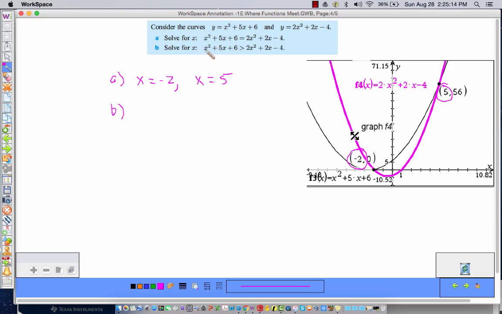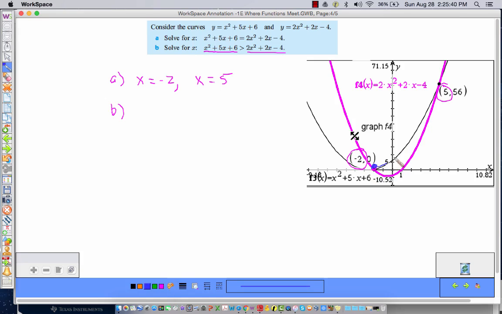B, solve for x squared plus 5x plus 6 greater than 2x squared plus 2x minus 4. So they're asking, when is this function greater than this function? Well, x squared plus 5x plus 6 is the black line right here, and it's greater wherever it is above the other.